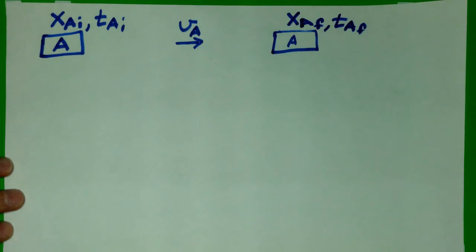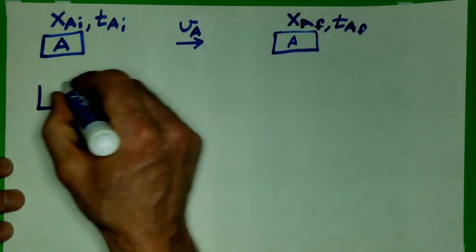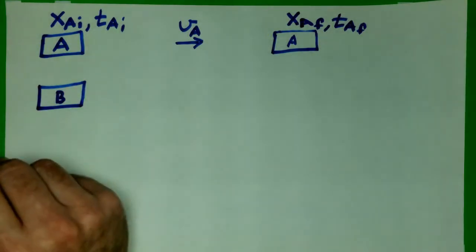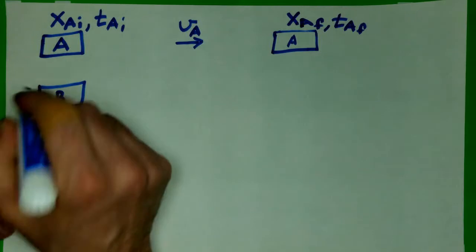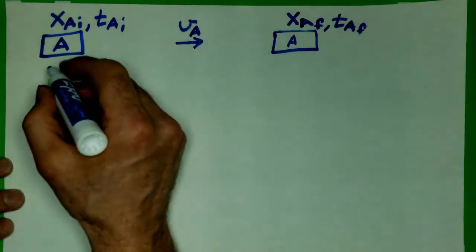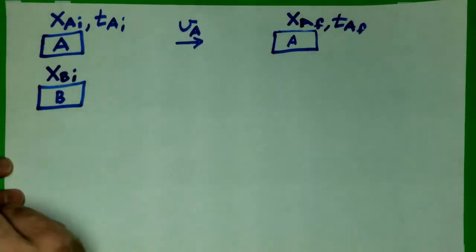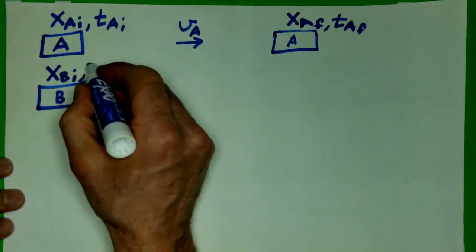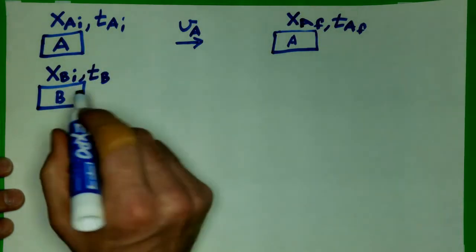Now, your friend, just label it B, has their initial position. It's the same value, but it is describing a different system. So we're going to give it its own coordinate system, X_B initial, starting at a later time. So this is one reason to be careful with the variables.